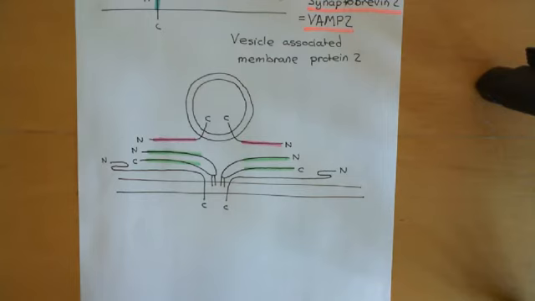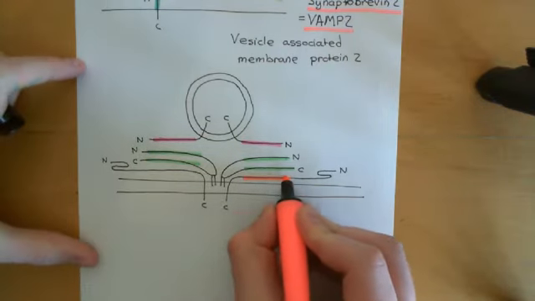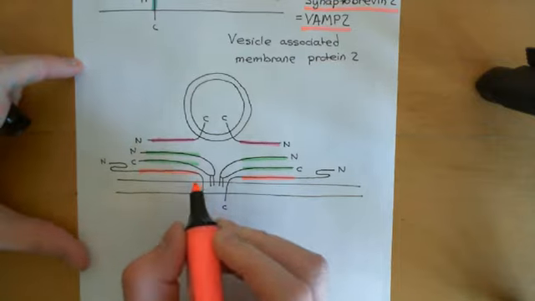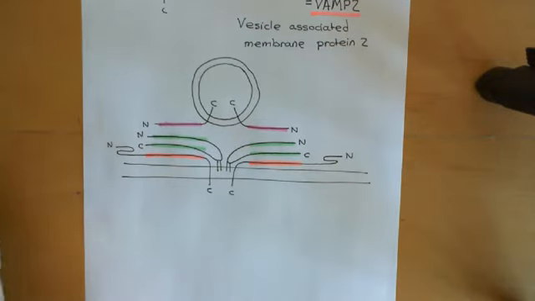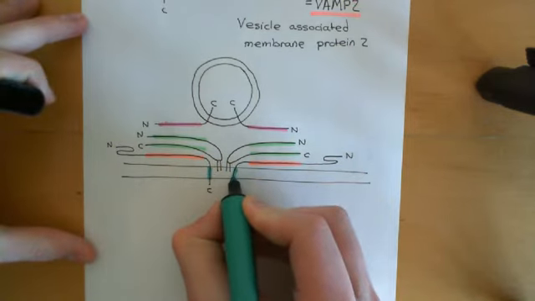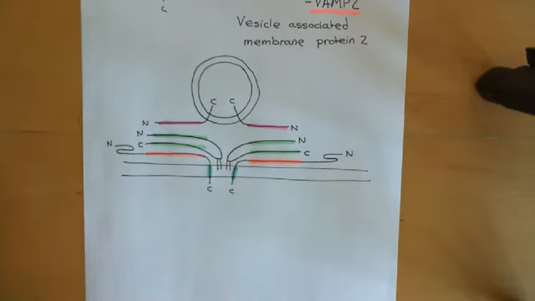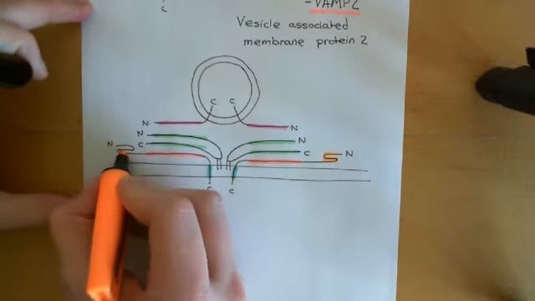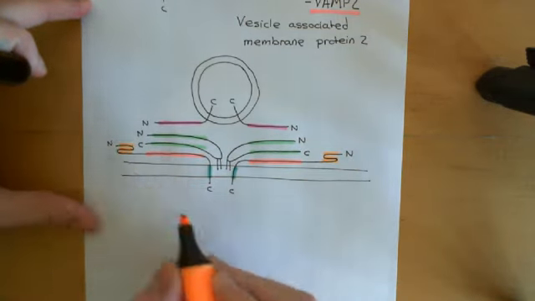Colouring in the portions of syntaxin 1. Here is the QA SNARE motif of syntaxin 1. Here it is for that second syntaxin 1. Then we have the transmembrane region of syntaxin 1, and we'll also mark on the HABC domain here in orange, like so.